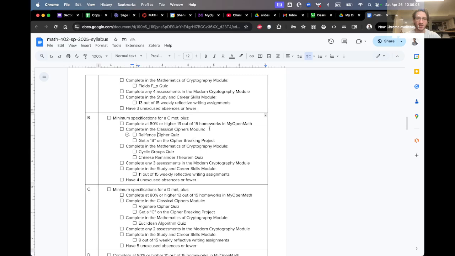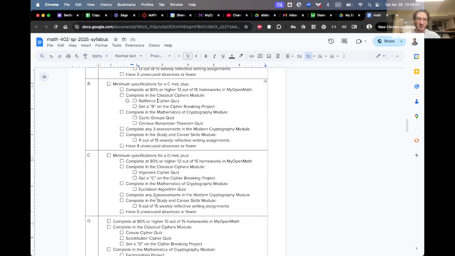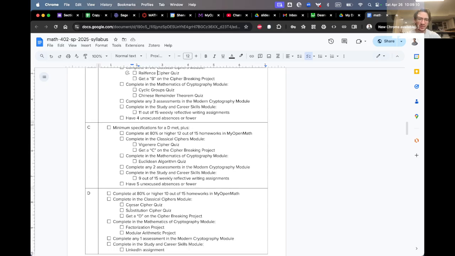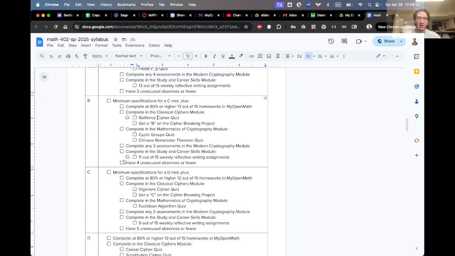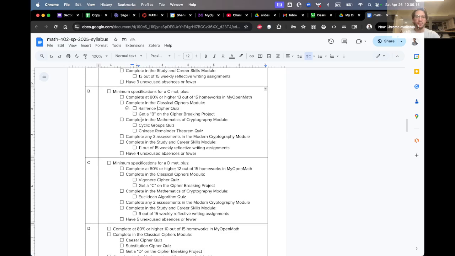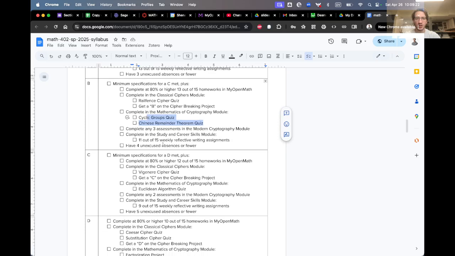But again, in the classical ciphers module, you also, for C, need to do these things, and for D, need to do these things. So make sure you can check every single box here. In the mathematics of cryptography module, we have these things published for you to be able to work on, and so on and so forth.